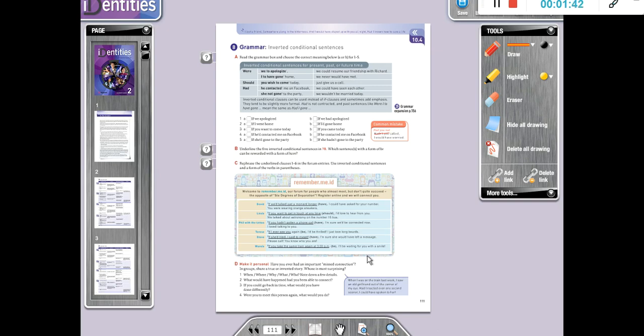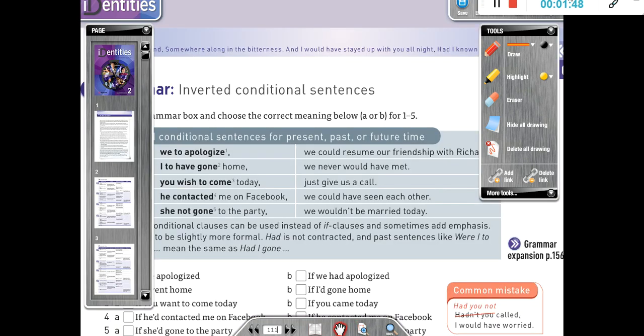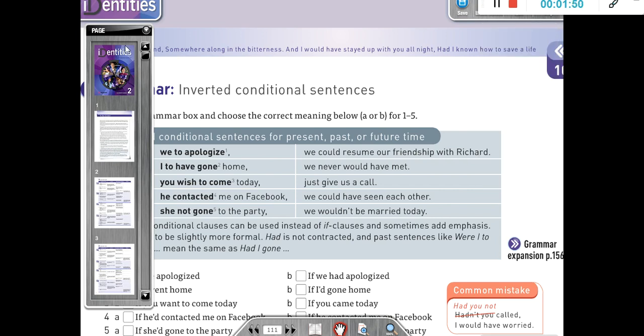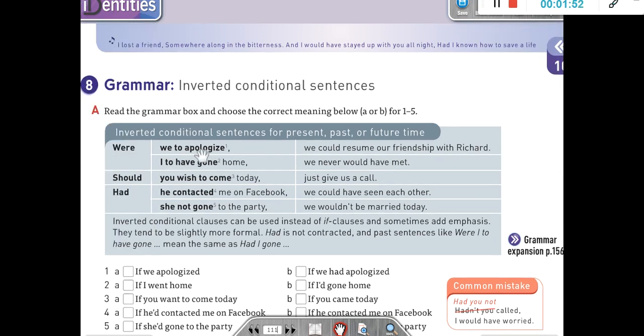But in this case, we're going to use it in a formal way, but also this inverted when we use should, for example. It is normally used when you are really formal, or in, I don't know, a poem. That's the important part.